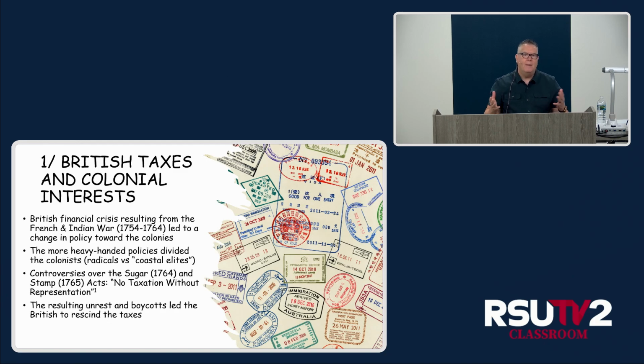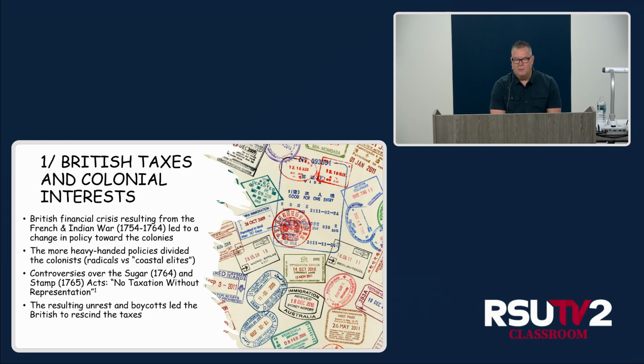Now, why was the Stamp Act so controversial? In simple terms, a Stamp Act, any kind of thing that requires stamping of mail, is a tax on mail. When you affix a stamp to a piece of mail, that is the price of delivering that mail.